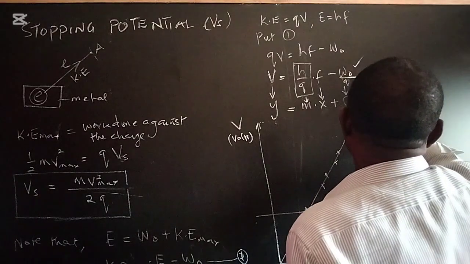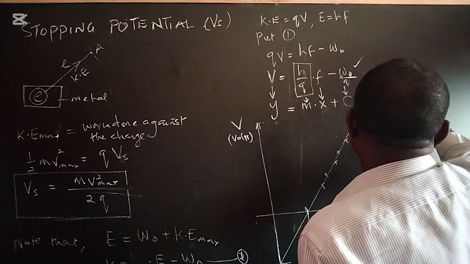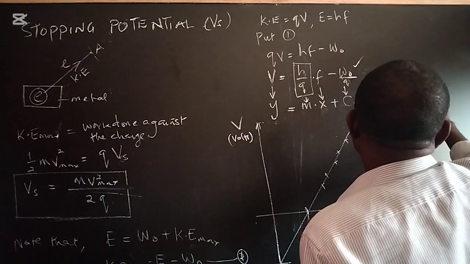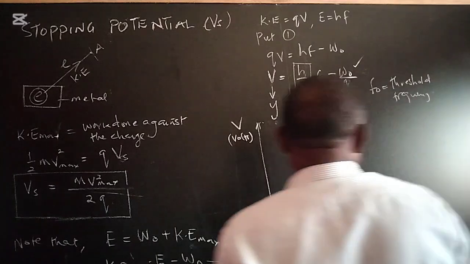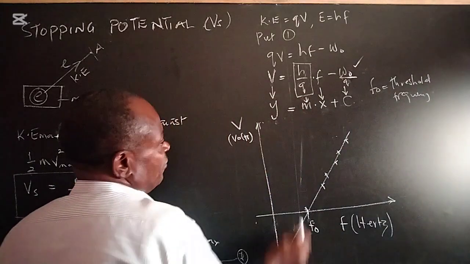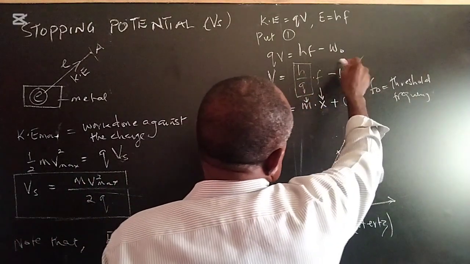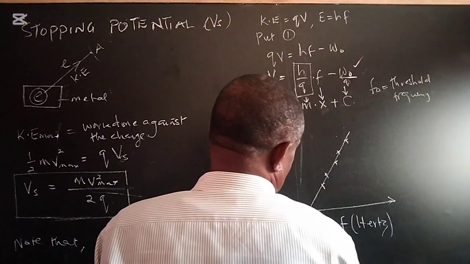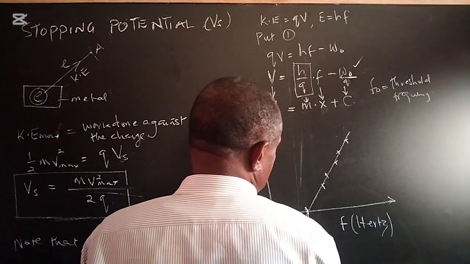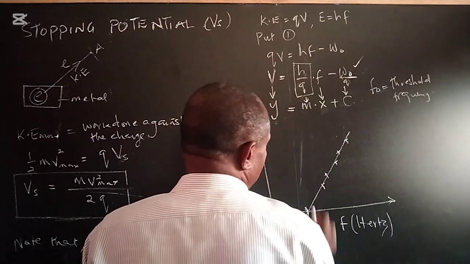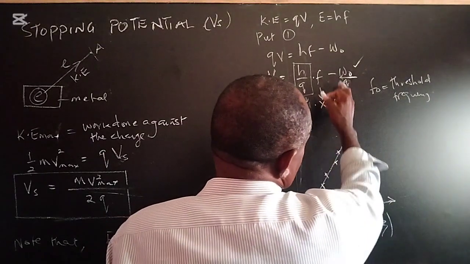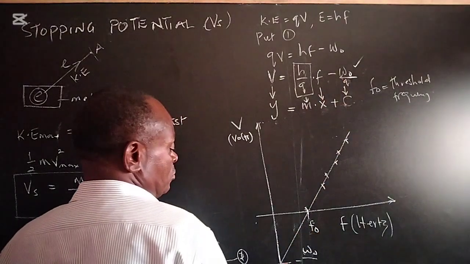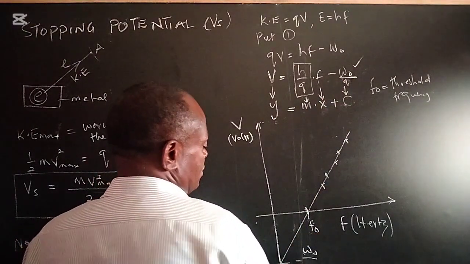And from this graph, where the graph passes through the y-axis, this point is actually the intercept, with respect to the vertical axis.